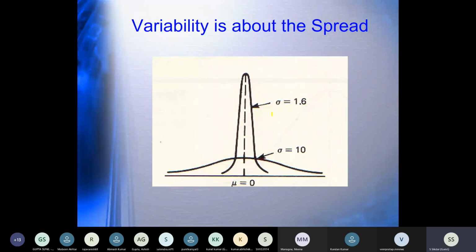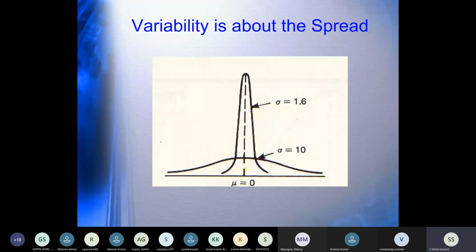As you can see, sigma is most of the time used for the standard deviation. That notation informs how the data is spread. Here sigma is 10, and here sigma is equal to 1.6. Although both have the same mean value, their dispersion of the data is quite different.